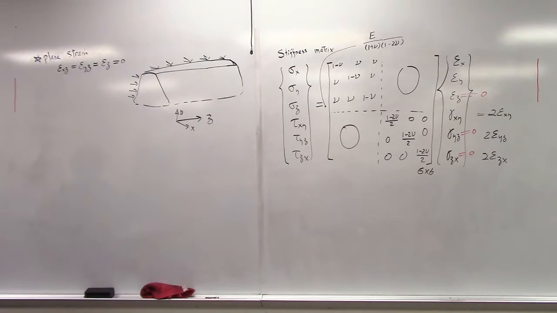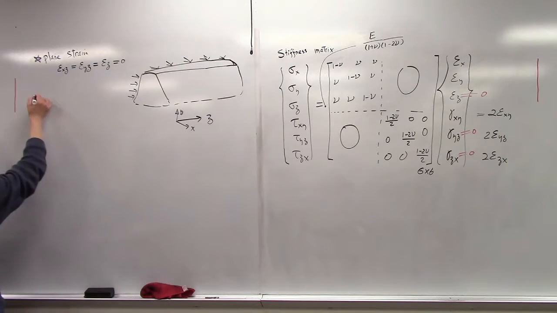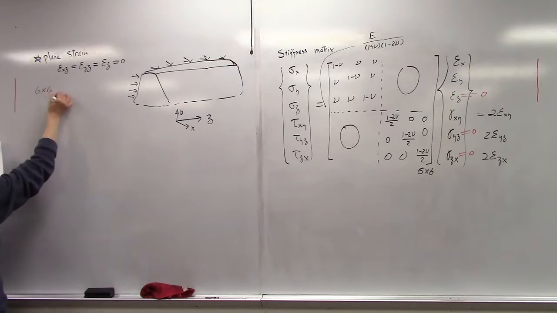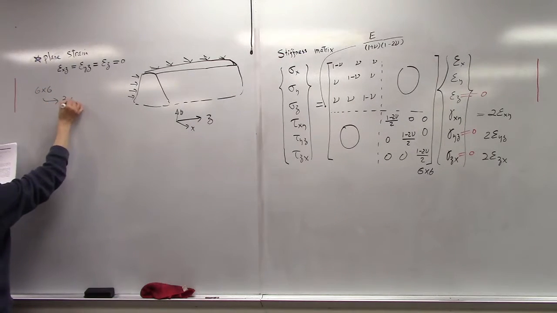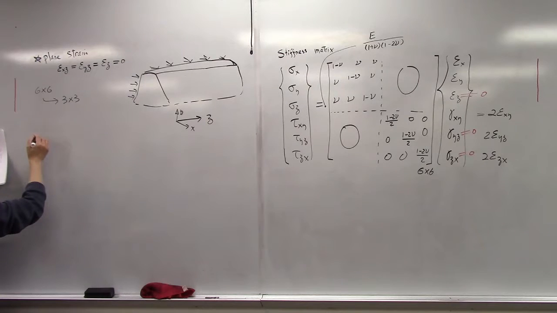That means we can reduce the 6 by 6 matrix to a 3 by 3 relation.